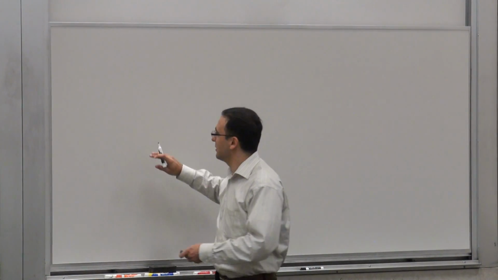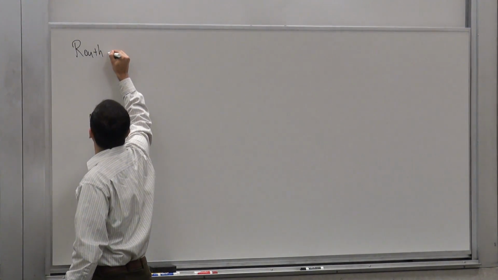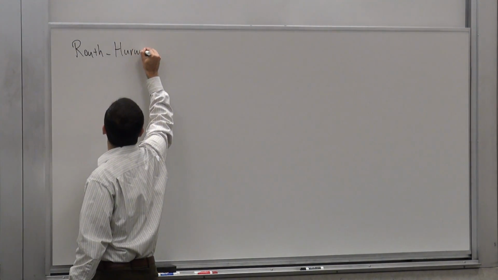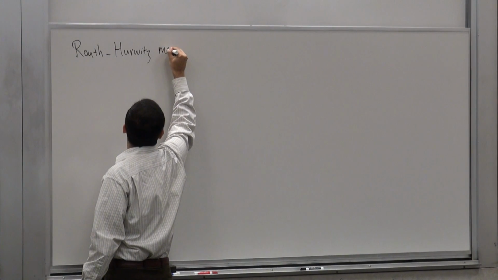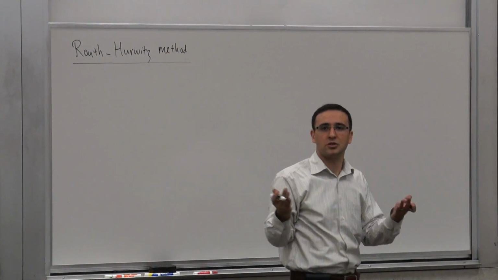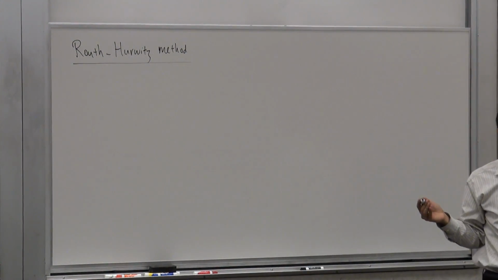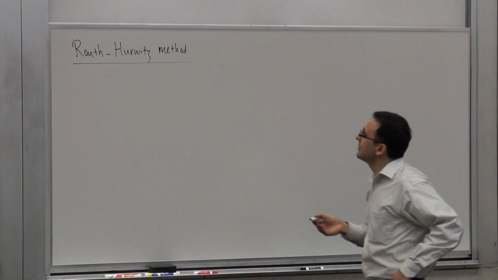The question is, if I gave you a polynomial with some coefficients, how do you determine if it has right half plane roots with positive real part? Well, this is what you do.